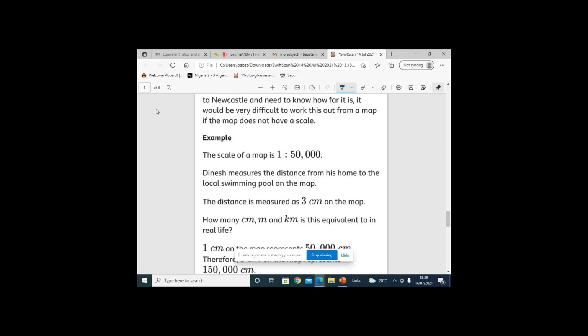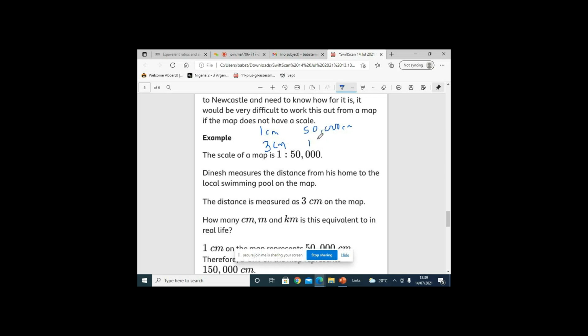This tells you that 1 centimeter on the map represents 50,000 centimeters. The distance is 3 centimeters on the map, so in real life it's going to be 50,000 times 3.